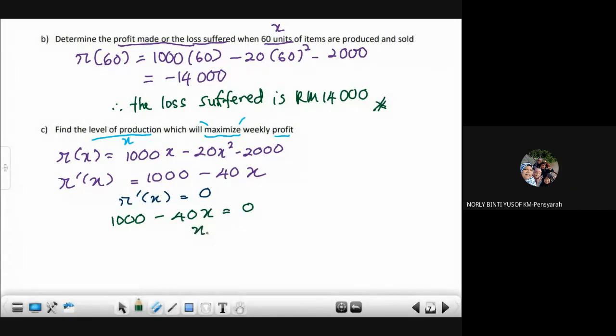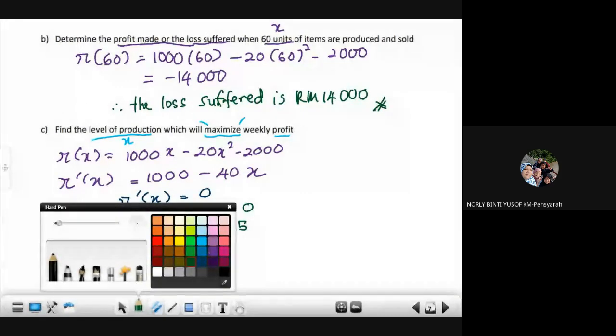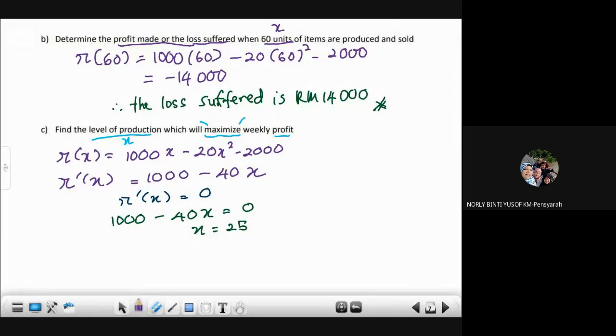So you solve, you will get x equals 25, because negative 1000 divided by negative 40. So you will get 25. Okay, so that is your level of production. So you can sum up, the level of production is 25 units.